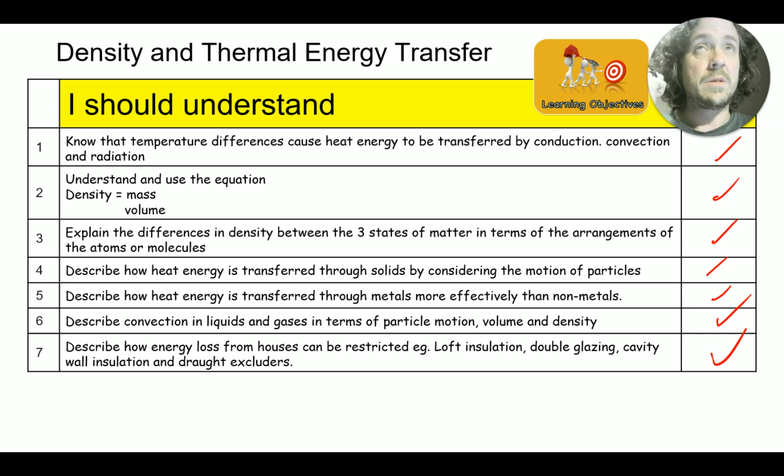We talked about thermal energy transfer in solids through conduction, thinking about the motion of particles. We also discussed how thermal energy is transferred through metals more, and why it's transferred more effectively than in non-metals, all to do with those free electrons. We described convection, and we've got two really good answers in there for describing the process of conduction and convection in terms of particles, they are on the slideshow, which you can refer back to.